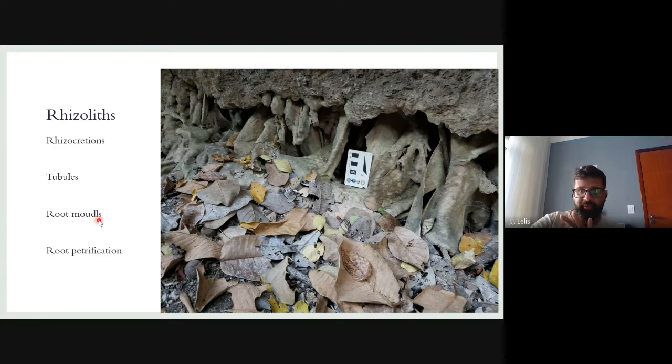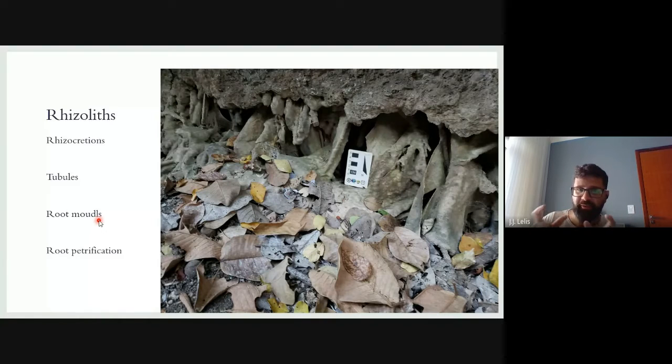This area can be dehydrated, and when this area gets dry, you have the cementation of this area by the organic matter, the organic acids that were exuded by the roots. So you have the preservation of the voids that were created by the roots, because the roots exuded something, in this case organic acids.